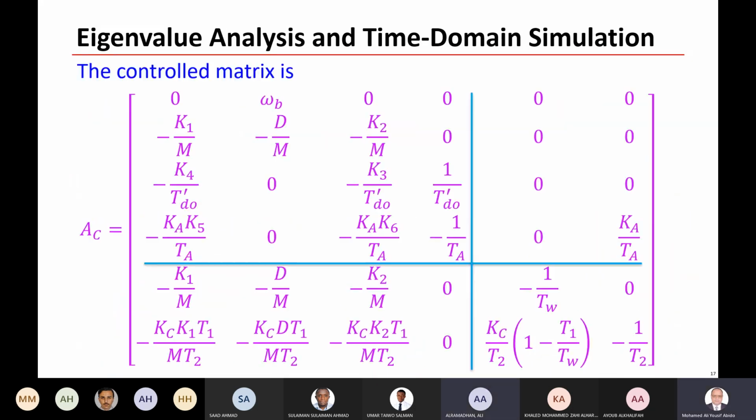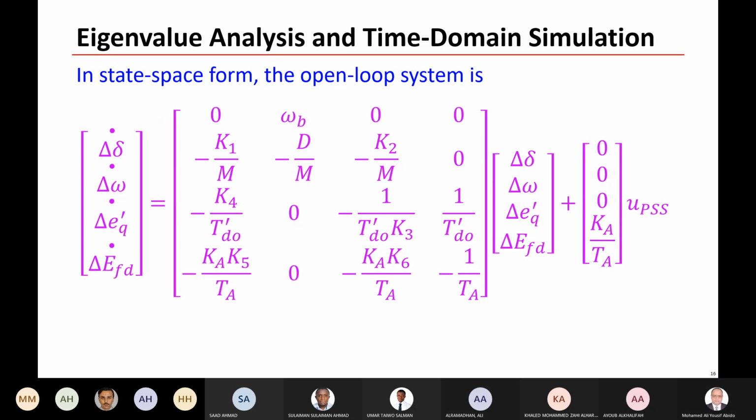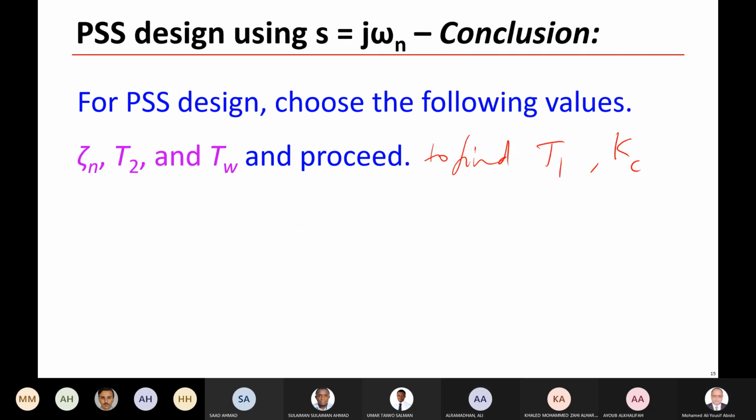Okay, here, for example, let us say you have the A matrix. We will see an example just now. But anyway, let us say you have the AC matrix, right? The AC matrix dimension is what? 6 by 6, am I right? Yes. So you have 6 eigenvalues here.